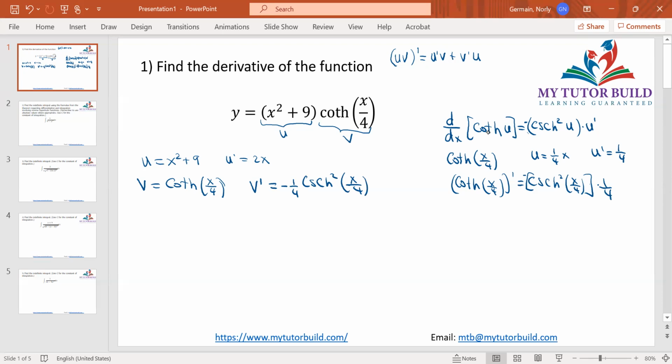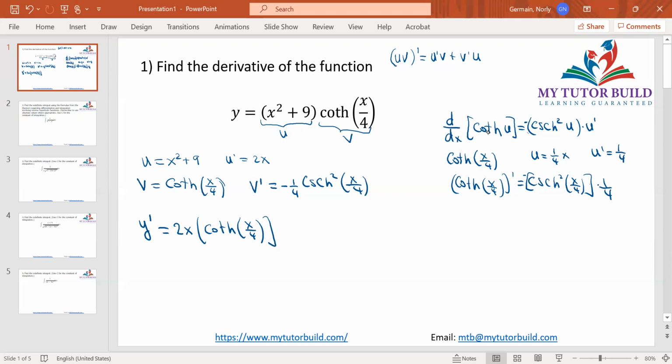Now we can go and find the derivative of y. So y prime, remember, is u prime v plus v prime u. What is the derivative of u? The derivative of u is 2x times v, hyperbolic cotangent x over 4, plus v prime u.